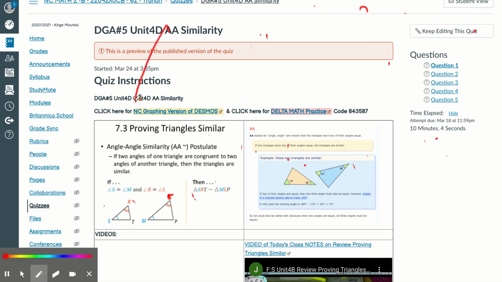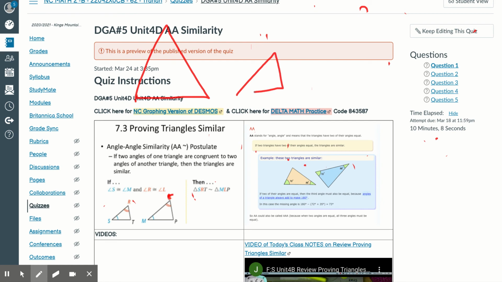So say you have a scenario where you got this triangle here and you got this triangle here, and maybe let's get a different color. This angle here is 20. This angle here is 80, even though it doesn't look like it. This angle up here, let's change this one because I want to make sure it's realistic.